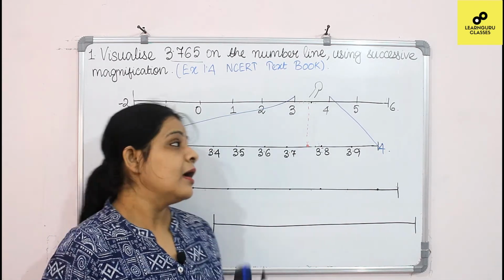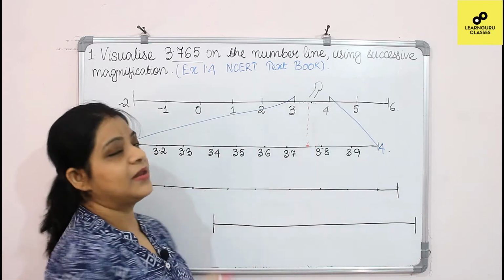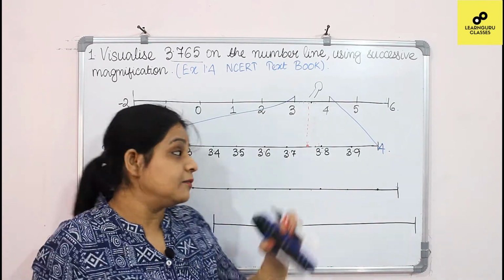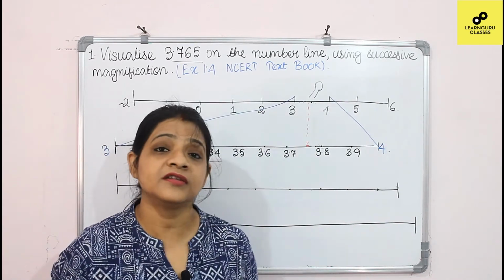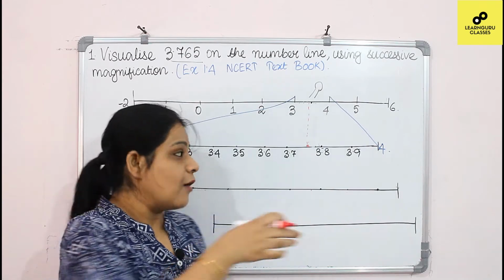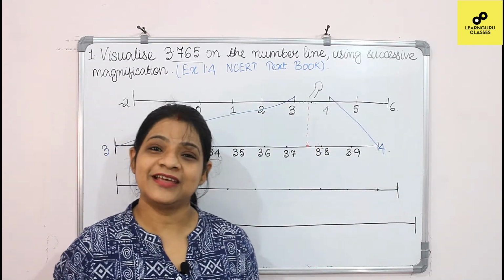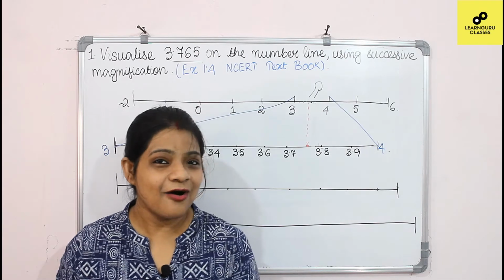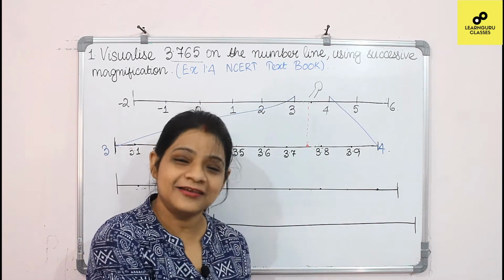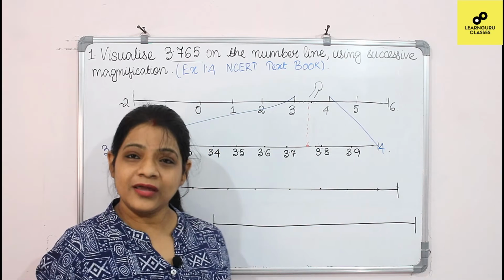Okay, clear? Now again we are placing the magnifying glass in between 3.7 and 3.8. Now 3.7 and 3.8 will be the area of suspicion according to a detective story here.